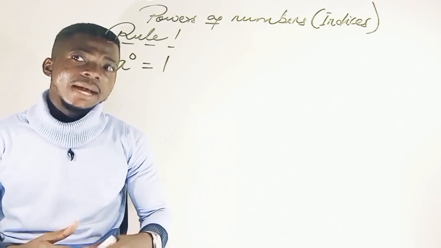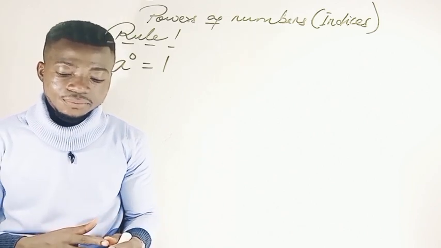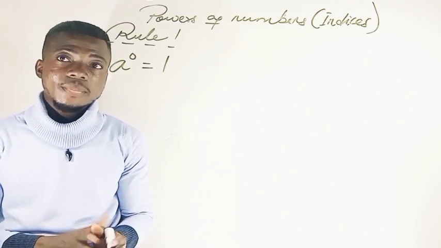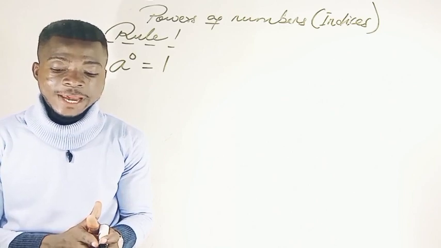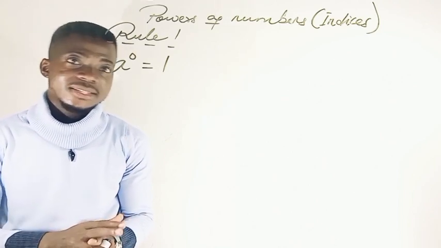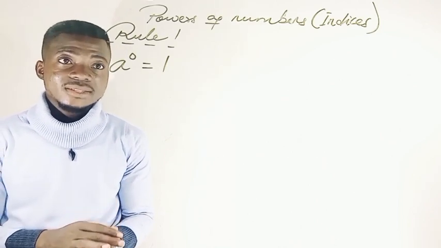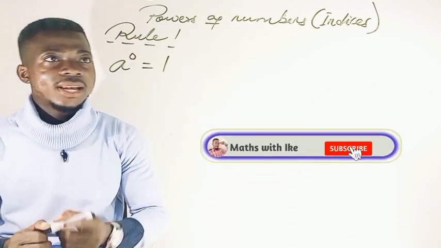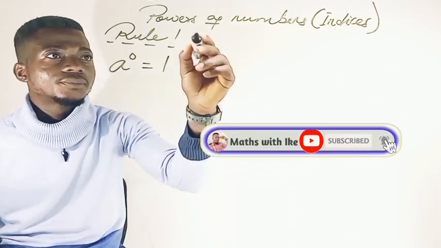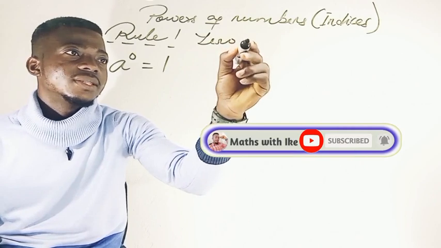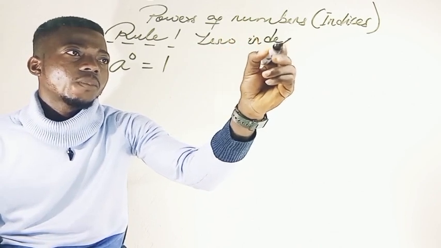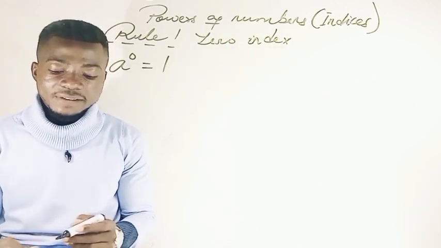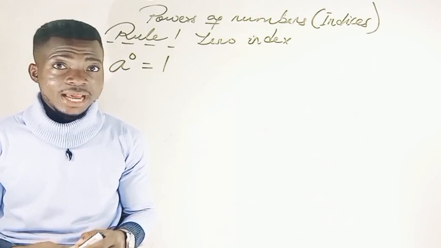Meaning a number raised to the power 0 is 1. Okay, that's the index, the 0 index. Okay, so this rule 1, we call it the 0 index. Okay, so if you have a number raised to the power 0, then it's 1.